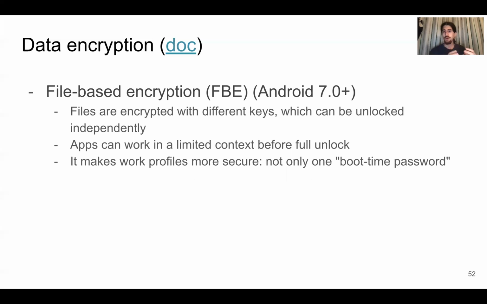So you have a context of partial lock, let's say, where you can do something but not everything. It also makes work profiles more secure, because there is not only one boot time password, but potentially you can have several, because each file is encrypted independently and potentially with different keys.